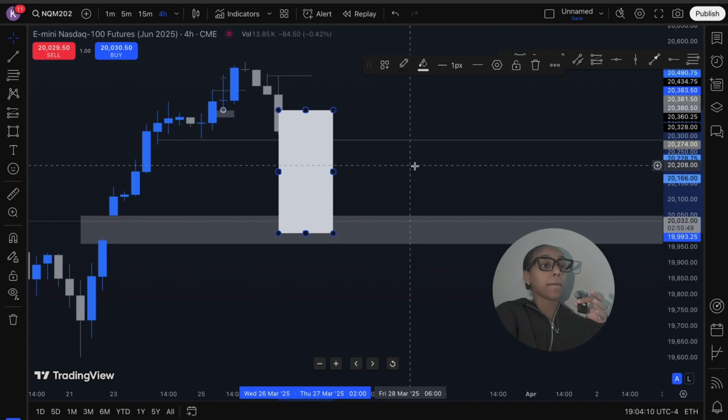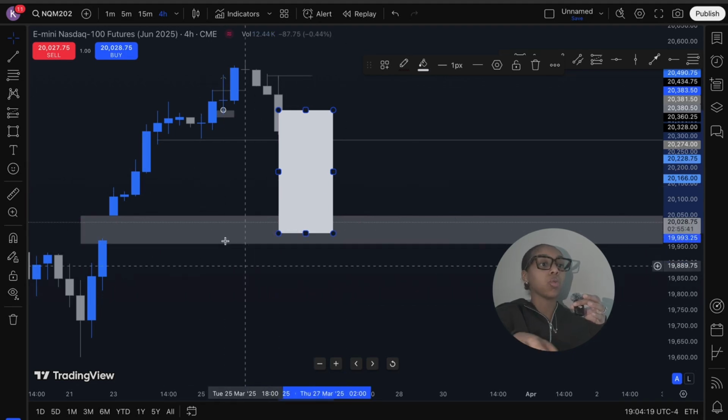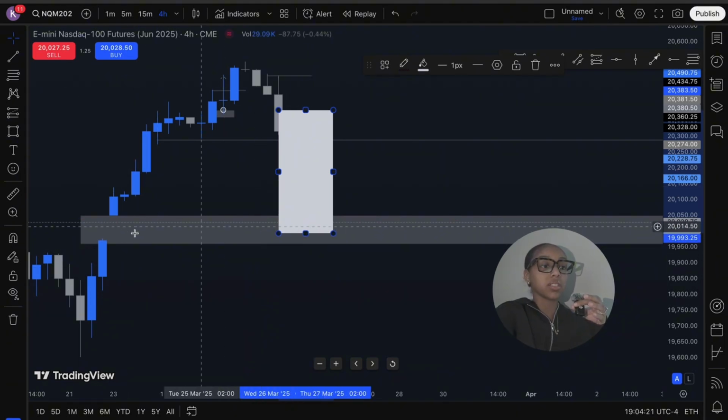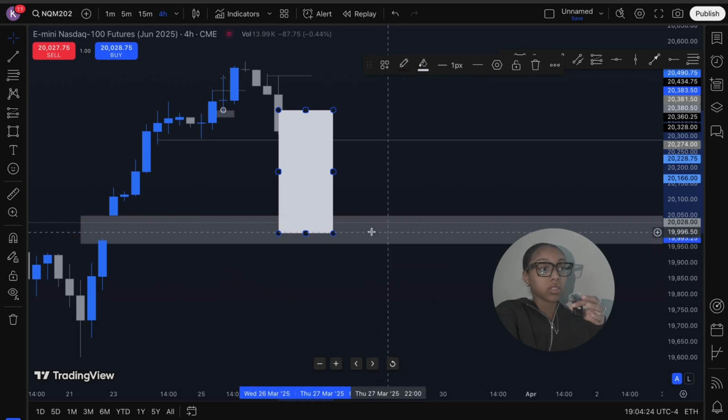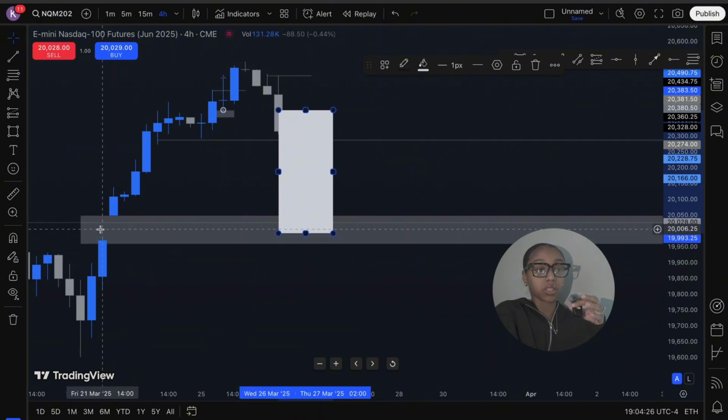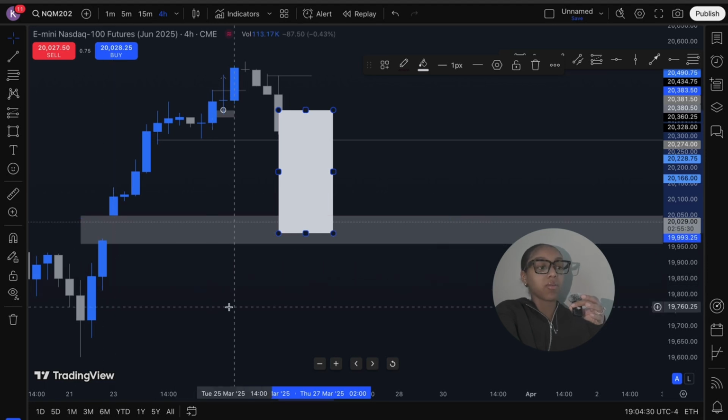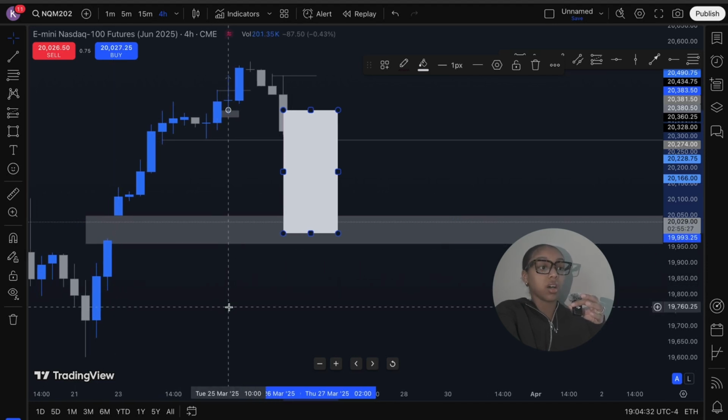And so my thought pattern was, since we're having all of this rejection of the resistance, we are not creating higher highs on the higher time frame, we're probably going to sell off into this zone. So that's this zone that I have marked up in this area, because I'm like, we're going to come and tap right into this gap.